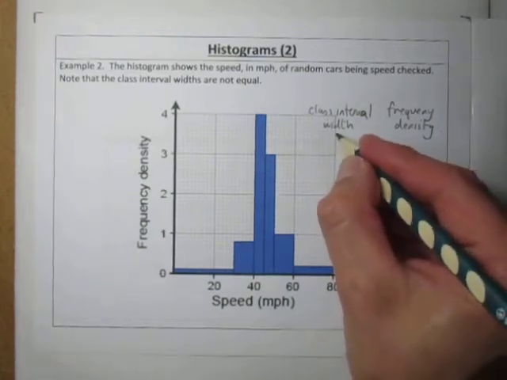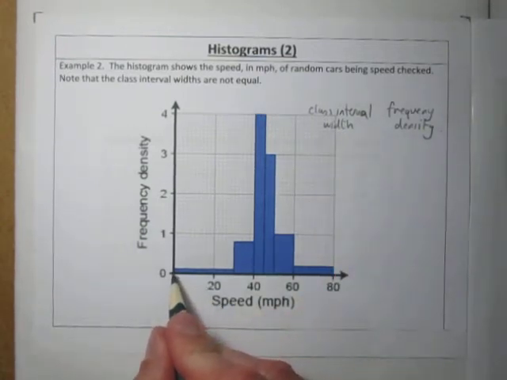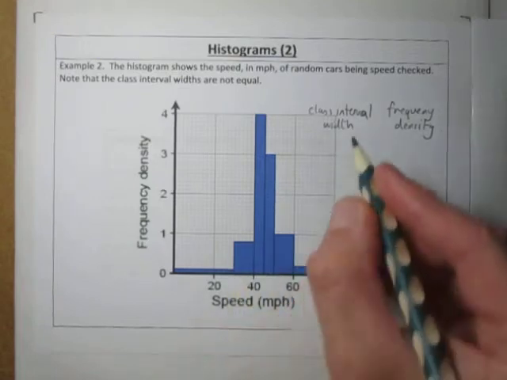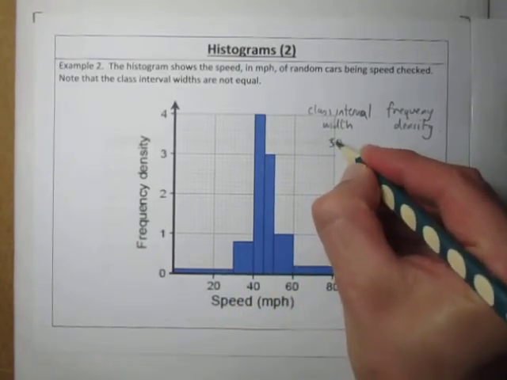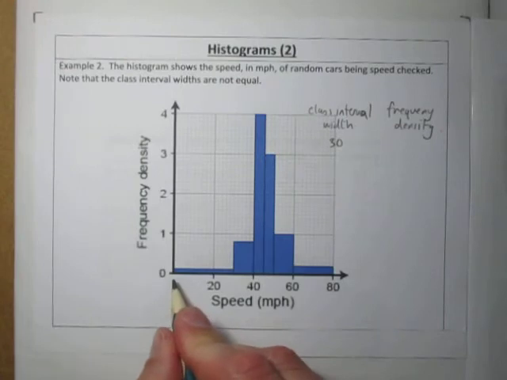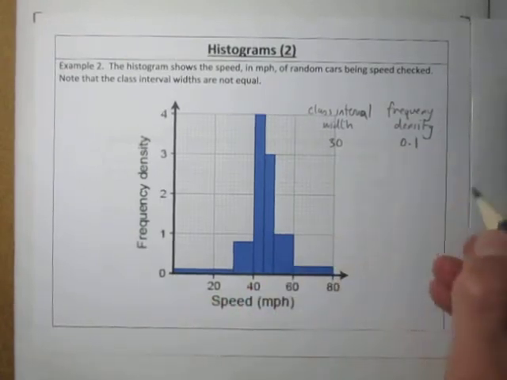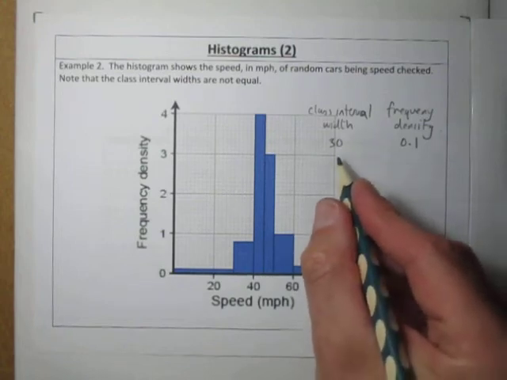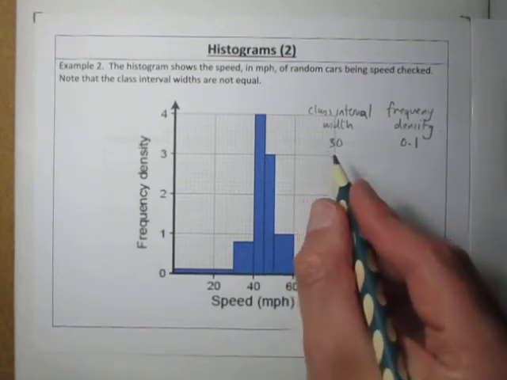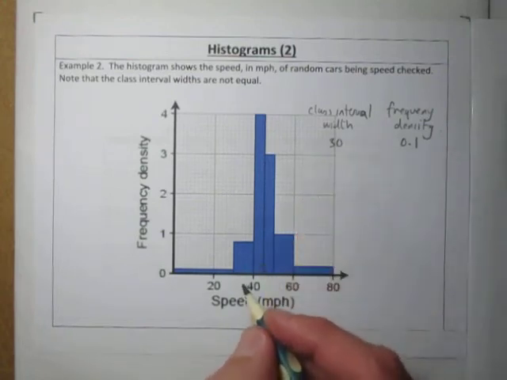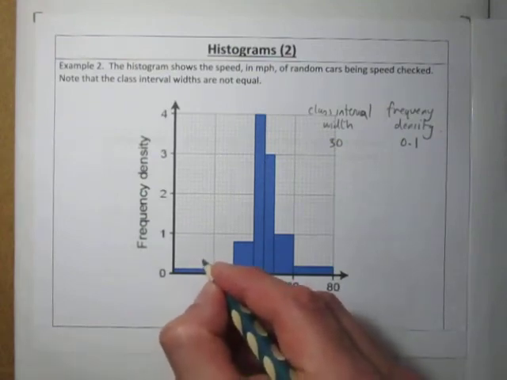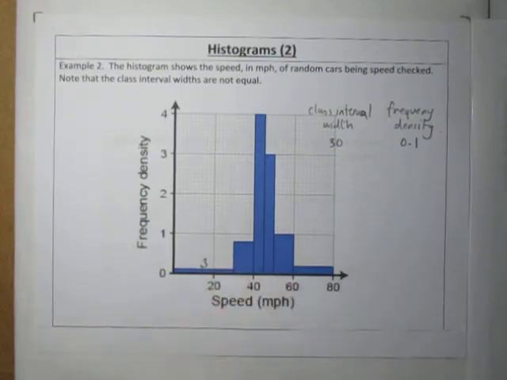I can see from this that the first class interval is from 0 to 30, therefore the class interval width is 30, and the frequency density is 0.1. By multiplying these two together, that's going to give me the frequency, which is 3.